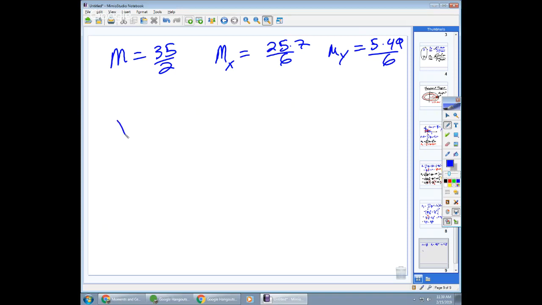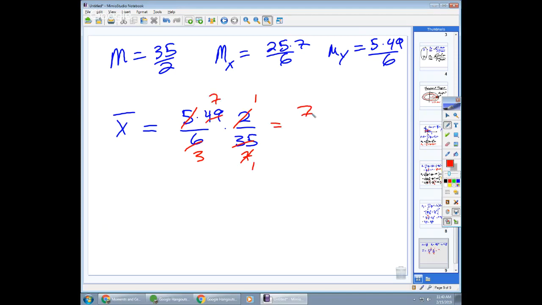All right, so then center X value comes from the moment about the y-axis, because that involves x's. So that's going to be that 5 times 49/6 divided by the mass, which means multiplied by the reciprocal. And then stuff cancels quite wonderfully. 2 goes into 6 3 times, and 5 goes into 35 7 times, and 7 goes into 49 7 times.